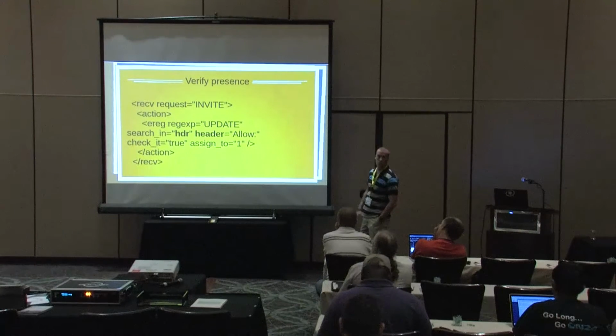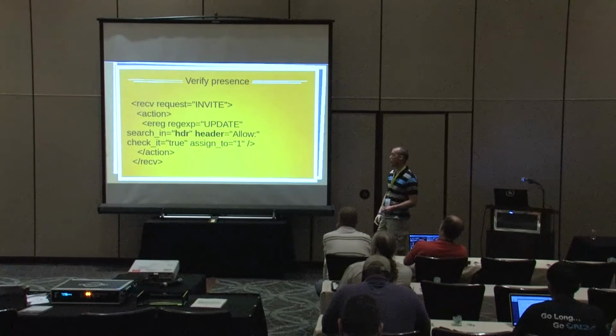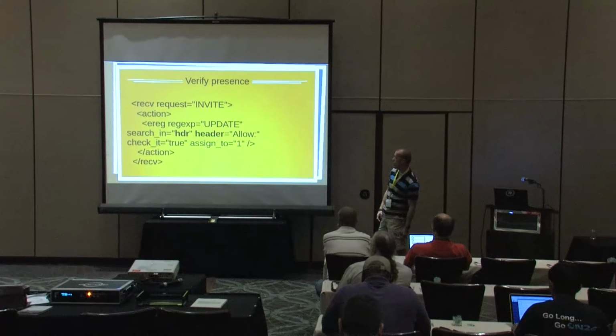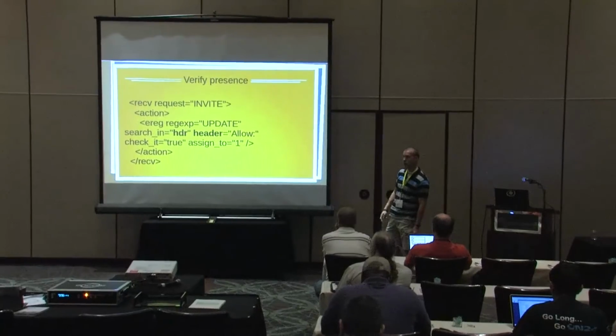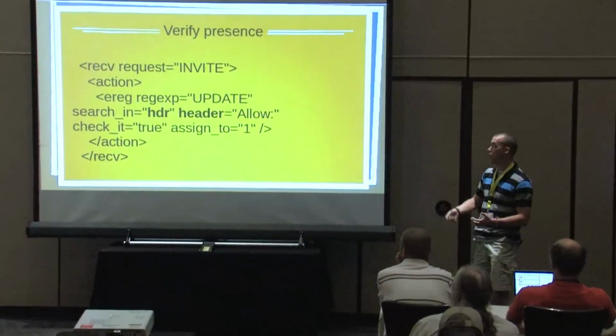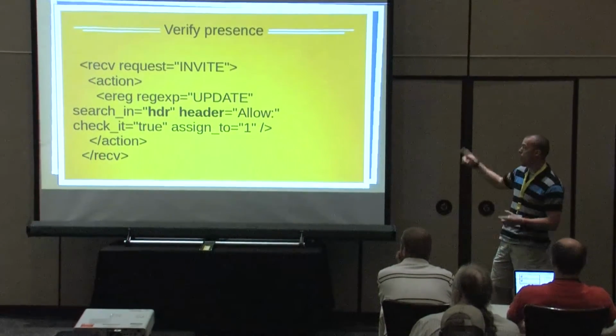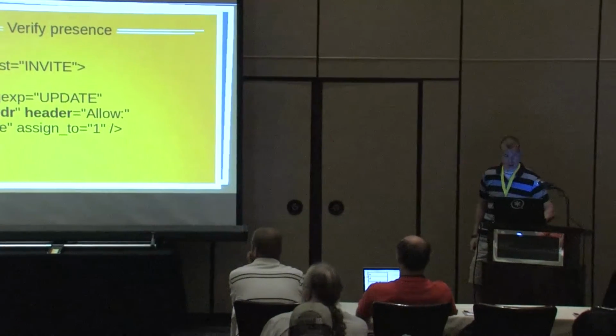Check it through means if it's not present, the test will fail. So in that example I decided yes, it's a critical error. And assign to 1, you assign it to the variable 1, so later in the scenario you can specify bracket 1 bracket, and that will refer to that specific value provided in the Allow method.